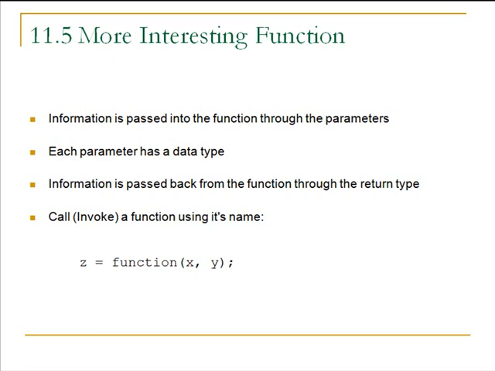So if we write z gets function of x and y, we see that x and y are the values that we're passing into the function, and the function call itself will evaluate to whatever value is returned. We take that and we assign it to the variable z. You might recognize this syntax from a math class if you've ever taken a math class that involves function calls, and these are the students' least favorite things to work on.